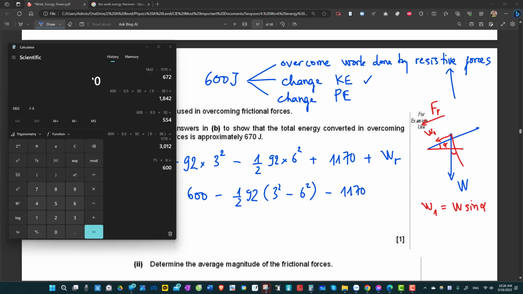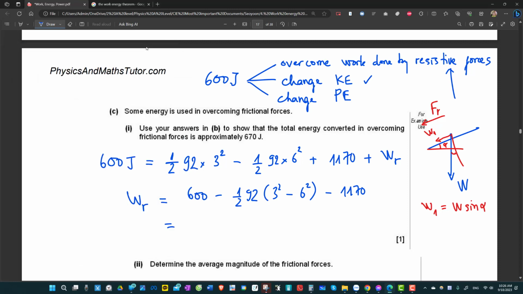Let me do the calculation again. 600 minus half of 92 kilograms times the square of 3, which is 9, minus the square of 6, which is 36, and then we subtract 1170. We get 672, almost the same, and we can round to 670 joules.